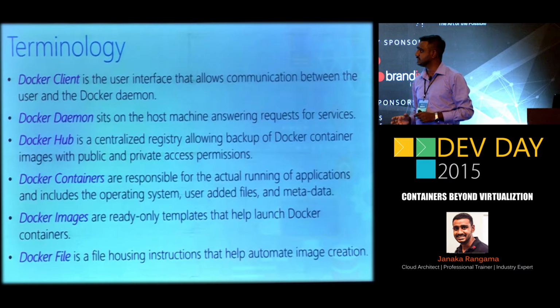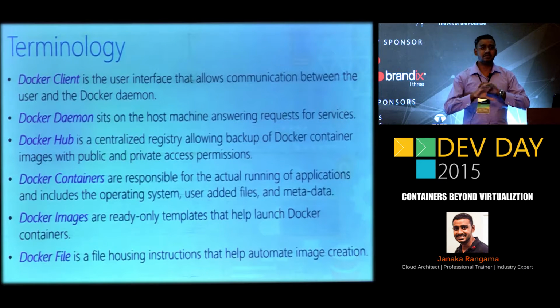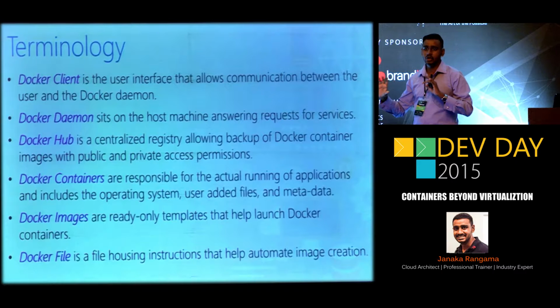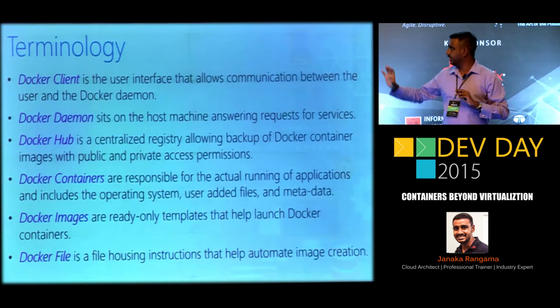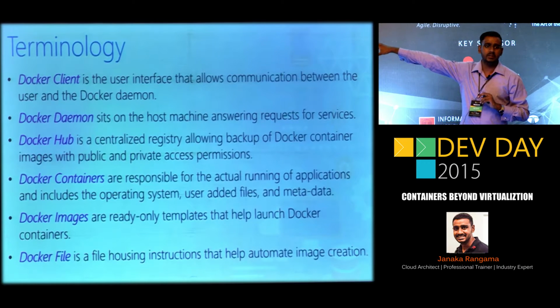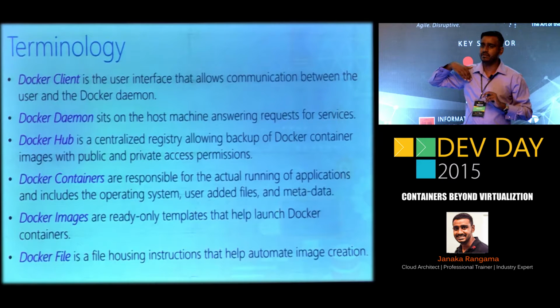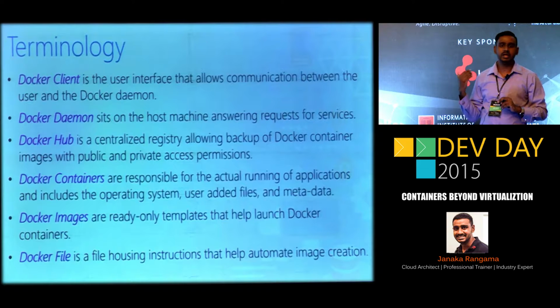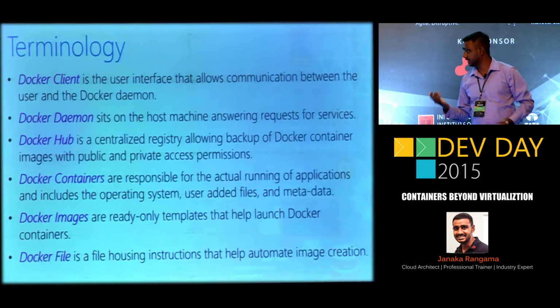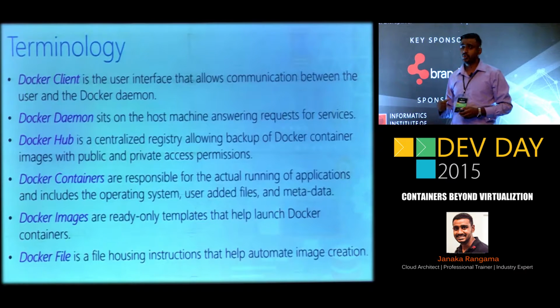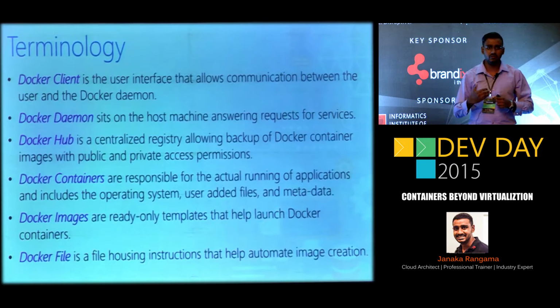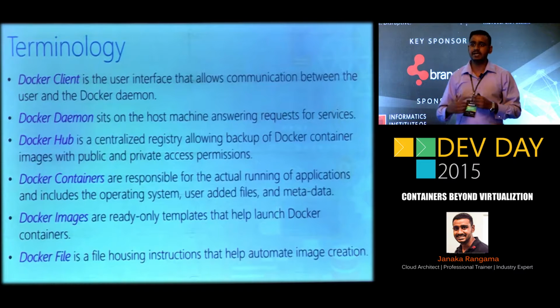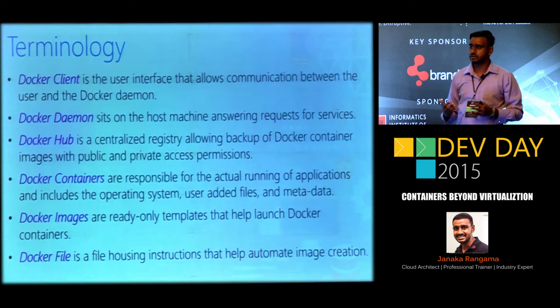And you have containers. Docker Hub is the central repository where Docker puts its container images. I'm talking about one platform, that is Docker. If you have your own private registry, you can keep it there, right? For example, for Windows Server, you can have your own private repository to keep your Docker containers. And you have Docker images, right? An image is a packaged application which is templated, so you can use it there.